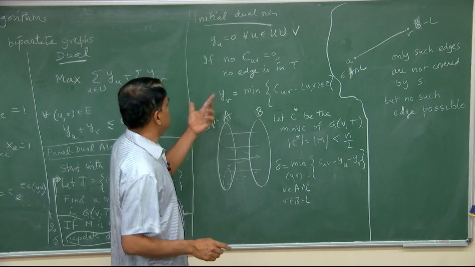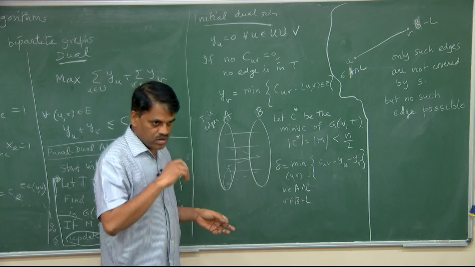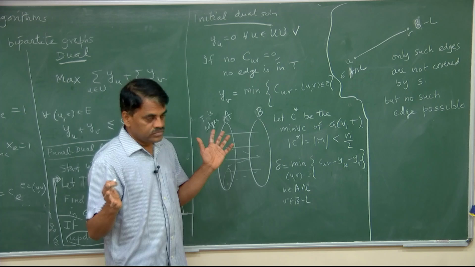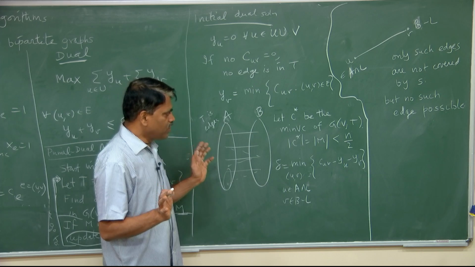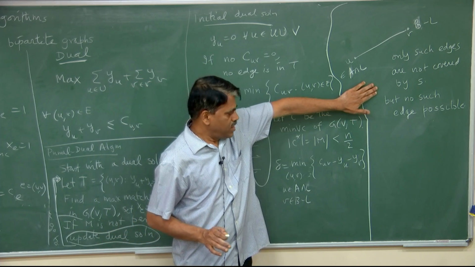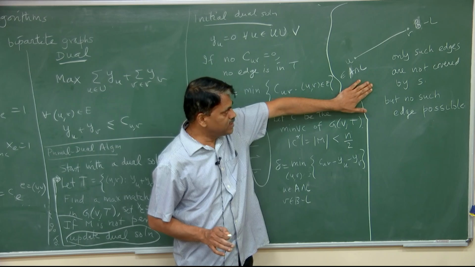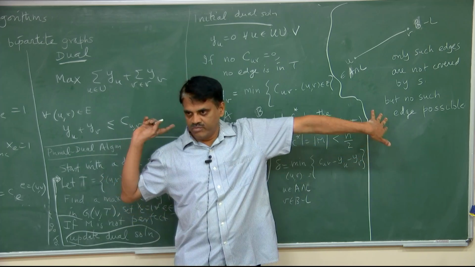This difference, because of this statement, no such edge is possible in T.